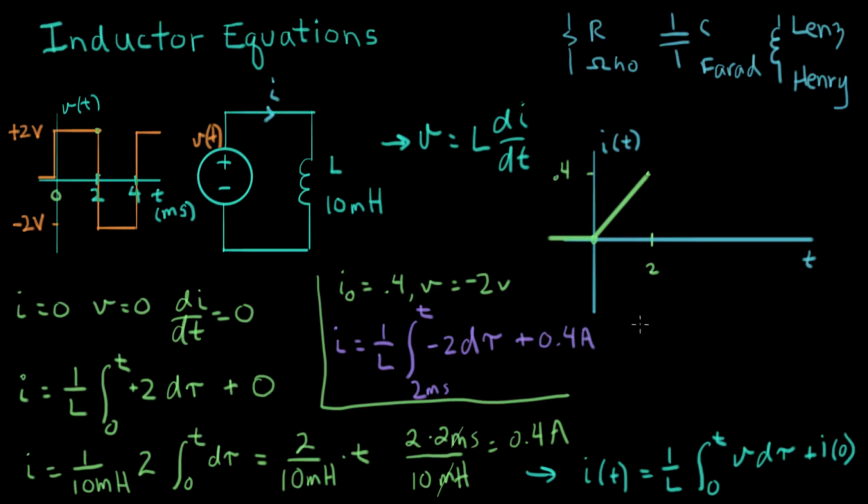And let's continue on here. I equals 1 over 10 millihenries times minus 2 times the integral from 2 milliseconds to t of d tau, plus 0.4.